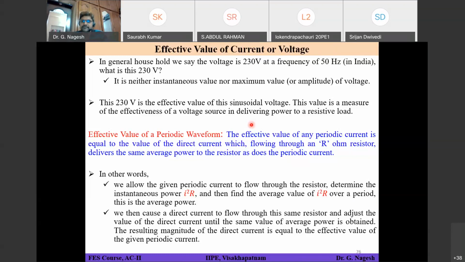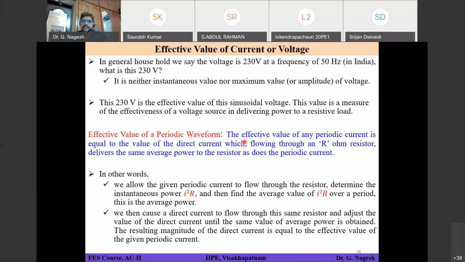It is not the maximum value or the instantaneous value. Now, how do we measure this effective value for a sinusoidal voltage or current? It can be a sinusoidal voltage or any periodic waveform; you can apply this method for finding the effective value.